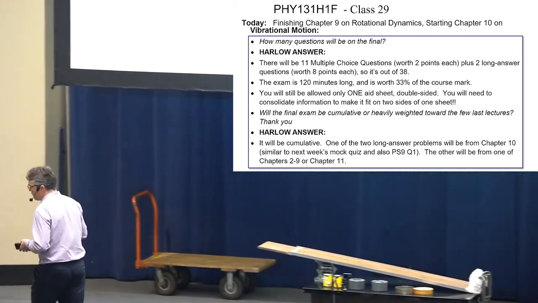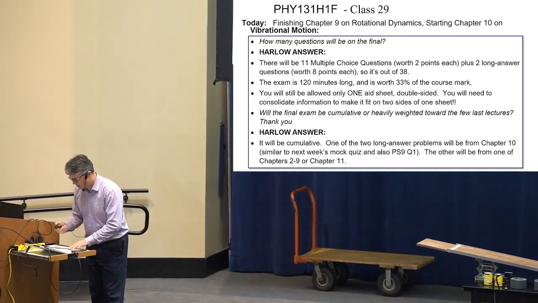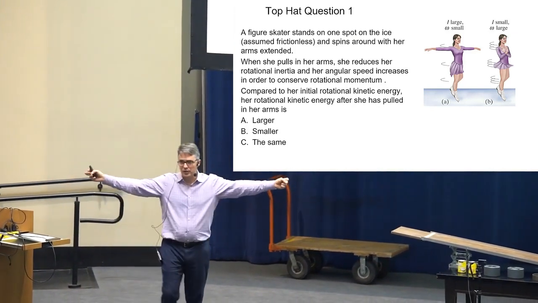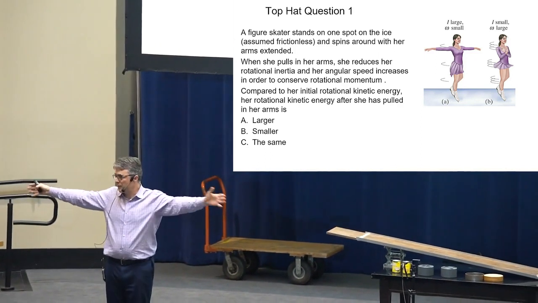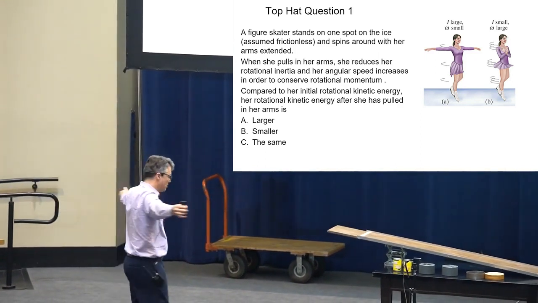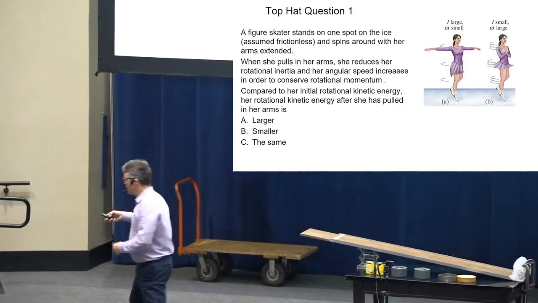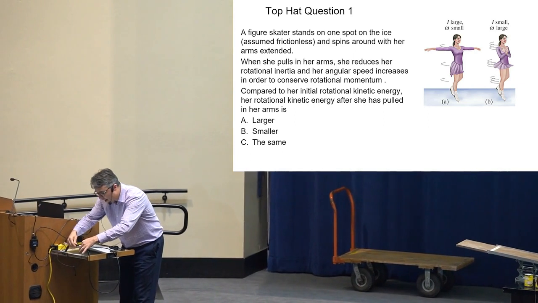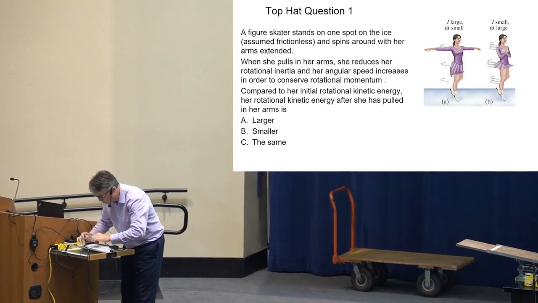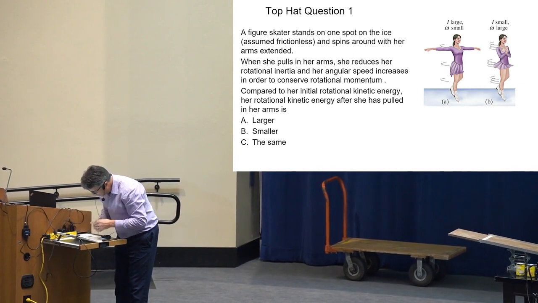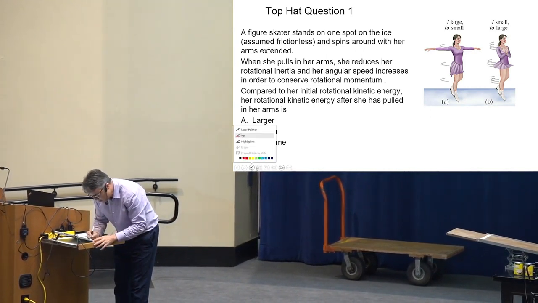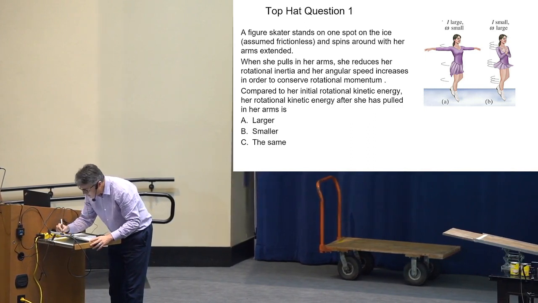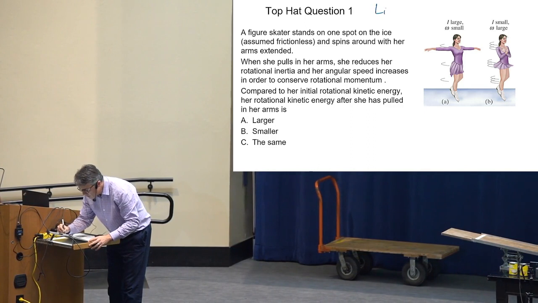Okay, last time I was going to ask you about this figure skater. So we know, and we actually saw this when I was on the rotating chair, that if you start off with some initial rotational velocity omega, and then you change I, then you'll also change omega. So the way it looks is L initial equals L final.